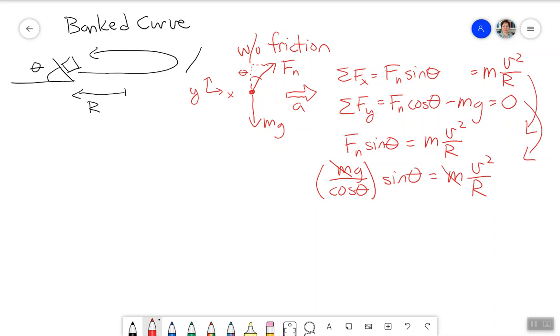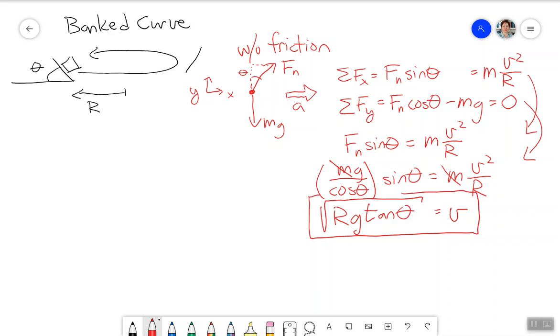Speed limit signs don't have the mass of the vehicle on them on purpose, because the mass cancels, and we're left with g times sine over cosine, which is tangent theta, times r. If I take the square root of that, I get the safe speed. So that's the answer, and what this means is that there's really only one safe speed to go around a curve without friction. With friction, there's actually a range of speeds, which is good.